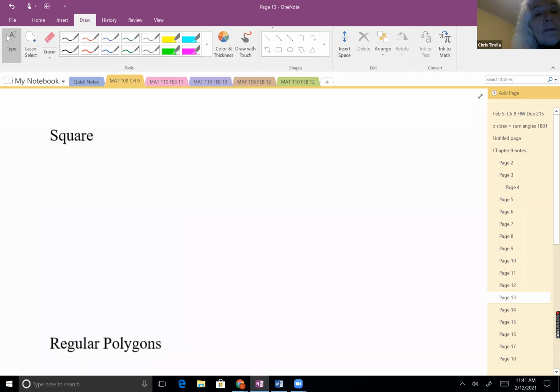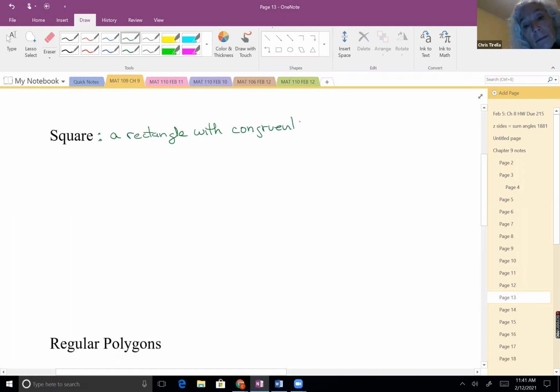And a square can be defined in one of two ways. A square is a rectangle with congruent sides, or a rhombus with right angles.